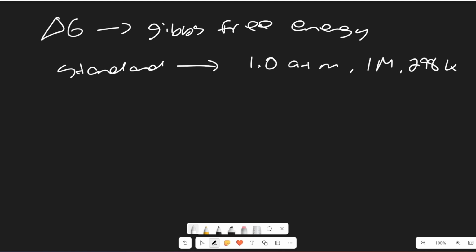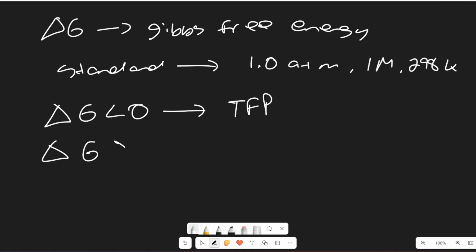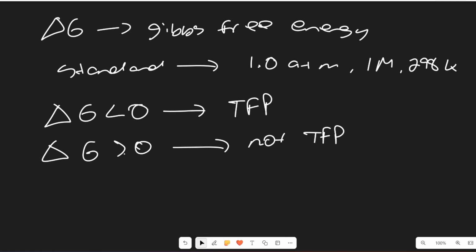So essentially, as we know, if delta G is less than 0, then this is a TFP, which means thermodynamically favorable process. And then if delta G is greater than 0, then it's not a thermodynamically favored process.